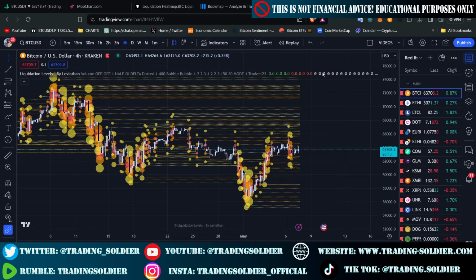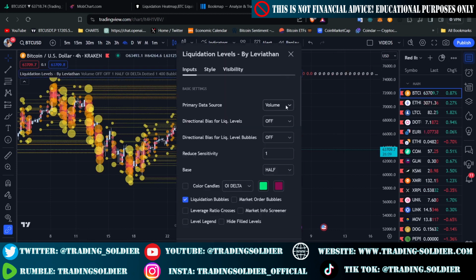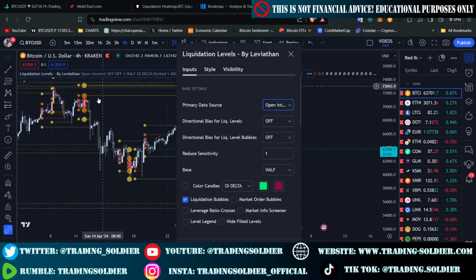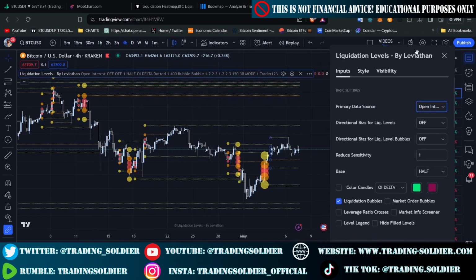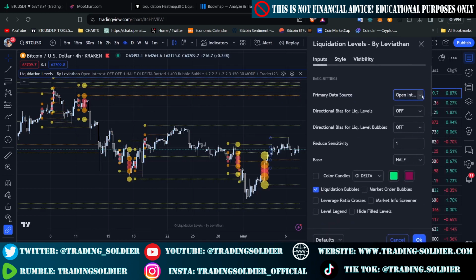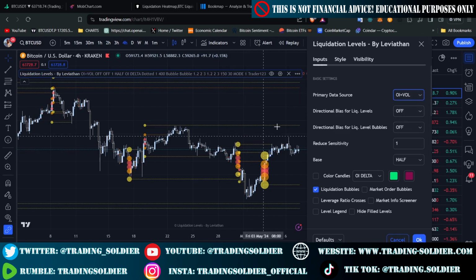So basically it represents a heat map using this kind of calculation. As I said before, to represent this data you can use the open interest. You can see that if I change to open interest, the levels change completely, as we saw before. And if I use open interest plus volume, I change the data source, and then the chart will change.